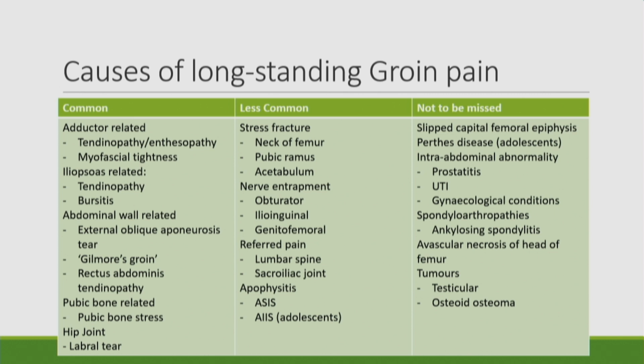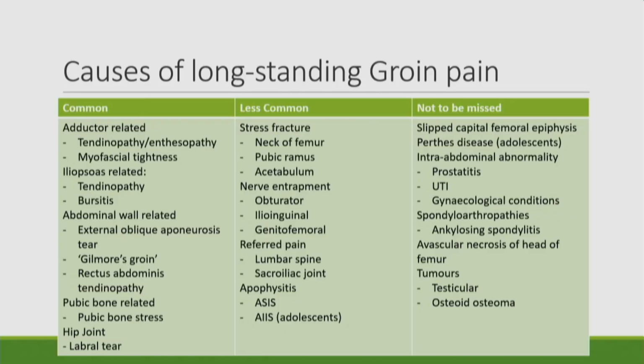Not to be missed, and these are the important ones, the slipped capital femoral epiphysis, Perthes disease, intra-abdominal anomalies. So we're talking things like UTIs, prostate issues, and gynecological issues as well. Spondyloarthropathies, avascular necrosis of the femur, and of course tumours as well.